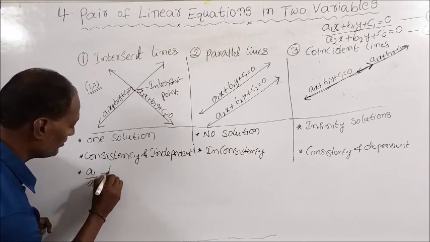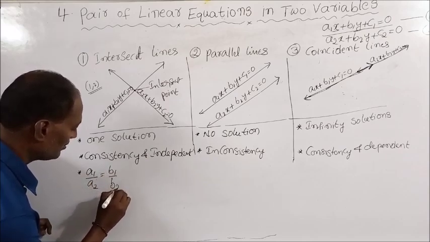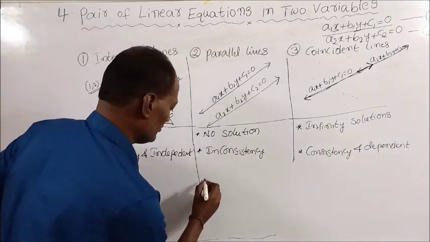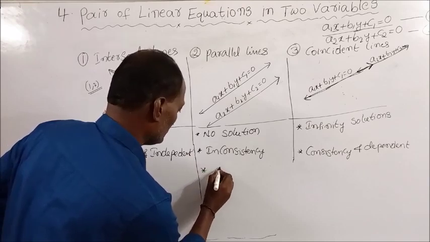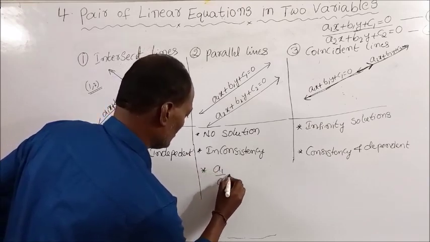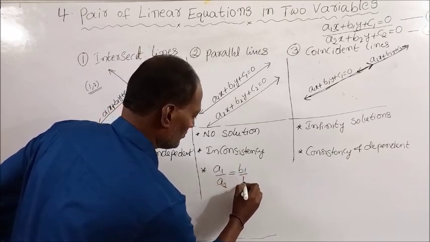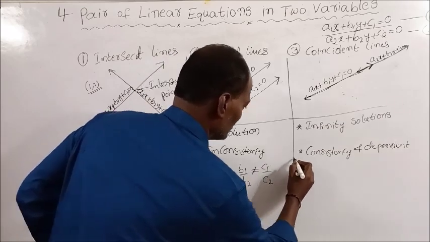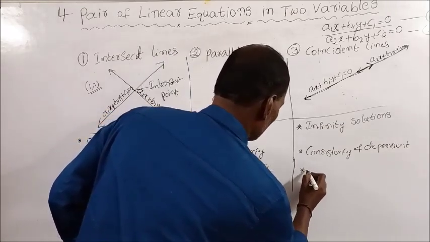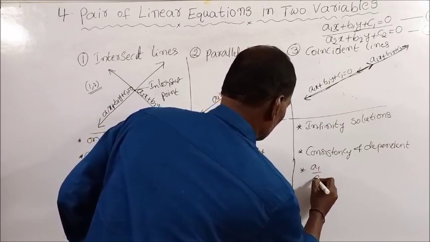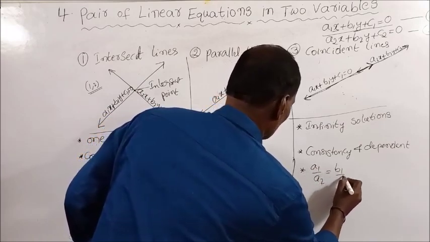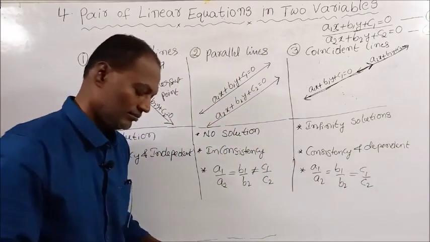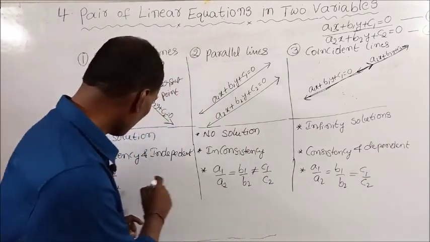The third one is a1 by a2. This is the last point.